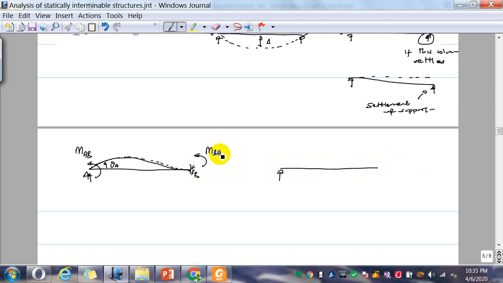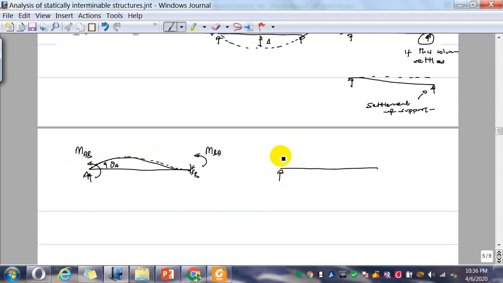So if you consider rotation and deflection in conjugate beam, rotation means shear force, deflection means bending moment. So at point B there shouldn't be any deflection, so there shouldn't be any bending moment, there shouldn't be any shear force. So if that is the case, it should be a free end.